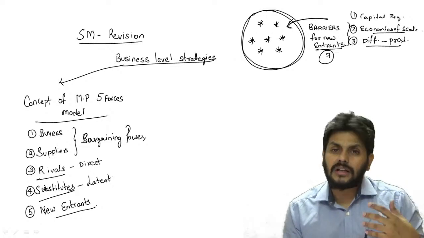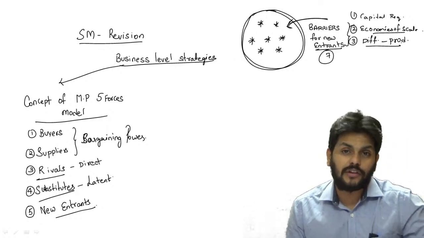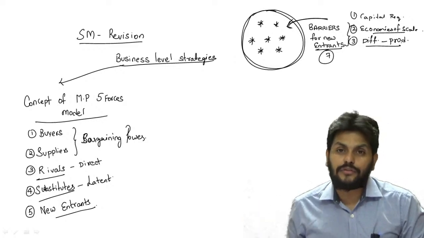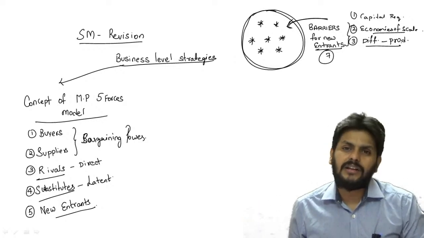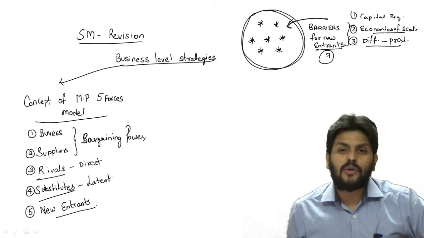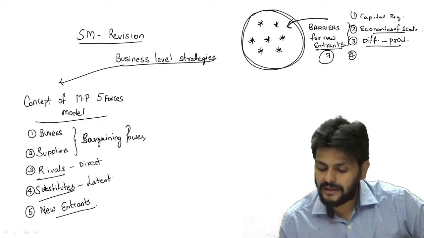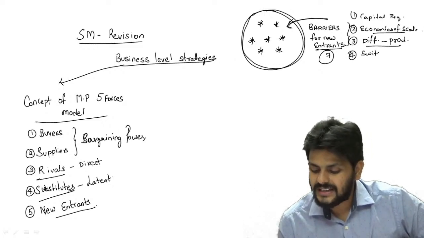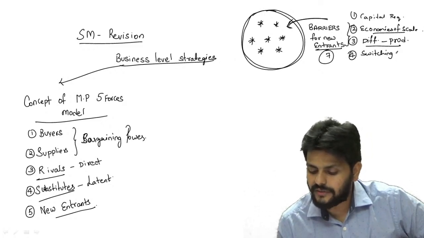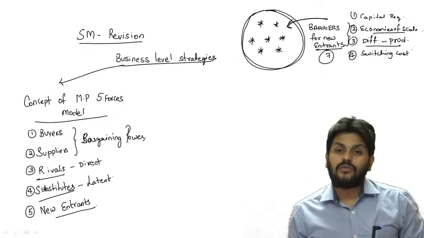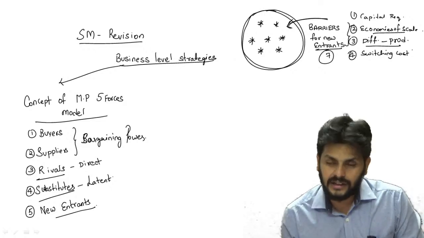If it involves a high switching cost to leave something and switch to something else, if there is a cost incurred, then it's a very discouraging idea, because many people don't wish to switch because of the cost involved. So barrier number 4 here is called switching cost. It's not a very attractive idea. When the switching cost is very high, there is no way you can try and take this forward.